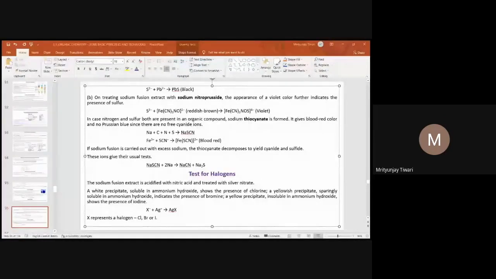With that you can calculate the empirical formula, then obtain the molecular formula, and from it write the structure if there is no possibility of isomers. If isomers are possible, we may need more experiments to confirm the exact structure.